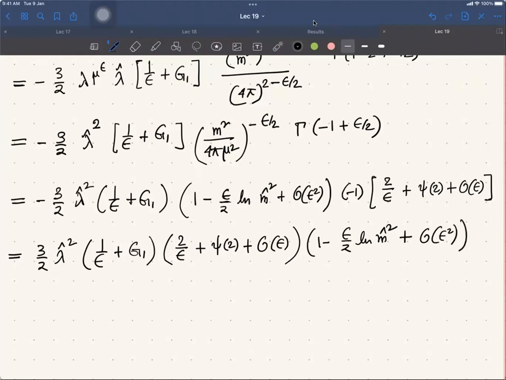Again, the maximum pole is 1 over epsilon squared, so that is 3 by 2 lambda hat squared, 2 by epsilon squared.